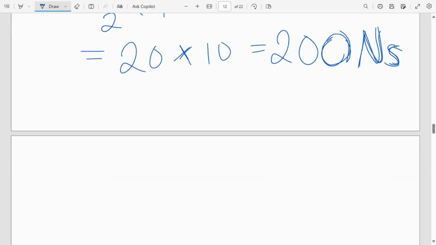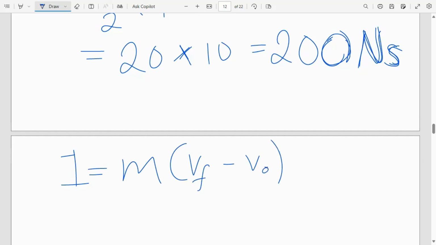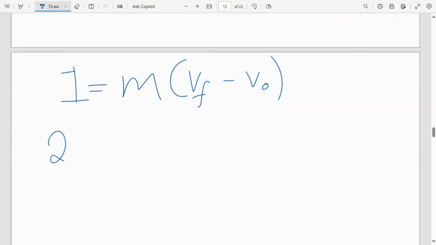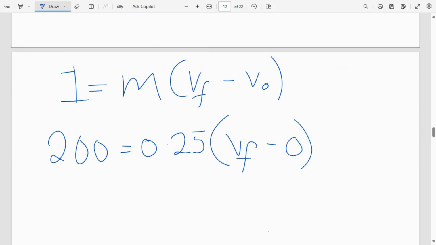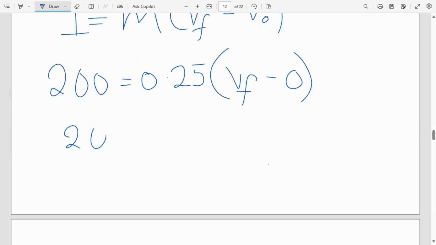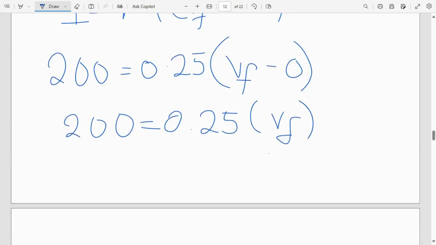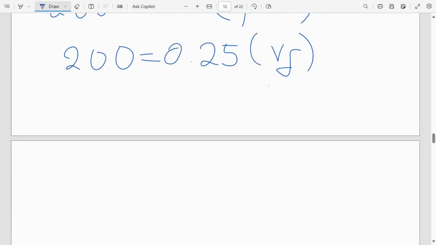Okay, so now that we found the impulse, we know impulse is equal to M times V final minus V initial, V0. And this object was initially at rest, which means we have our 200 being equal to the mass, which is 0.25, then I open my bracket, V final minus 0, which is the same as 200 being equal to 0.25 multiplied by V final.